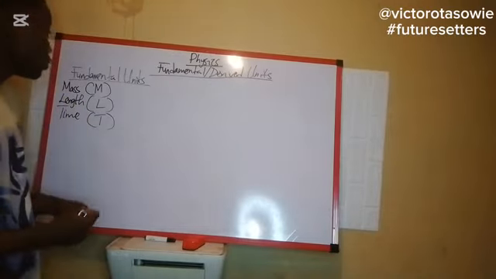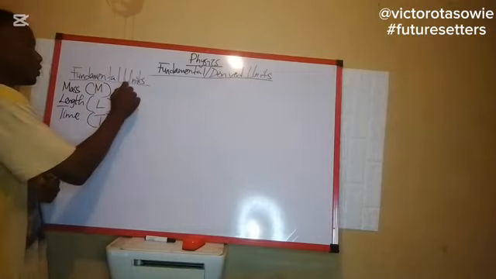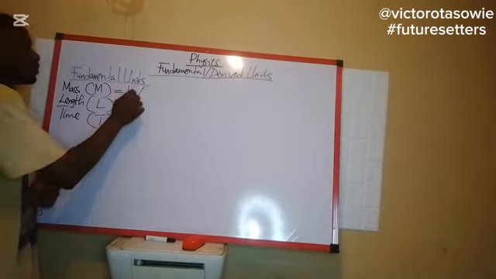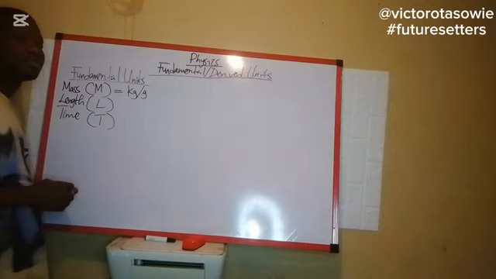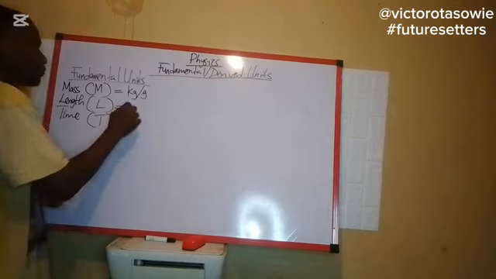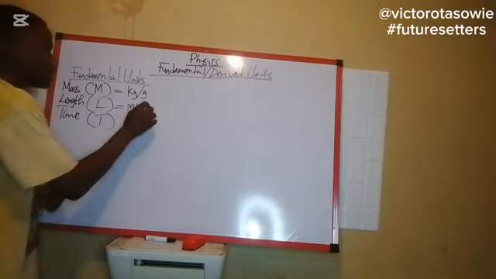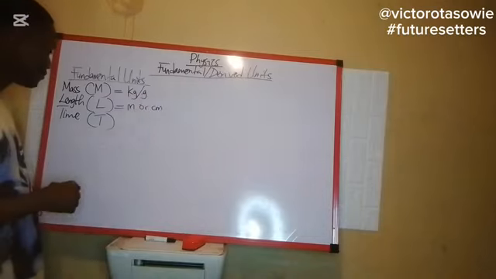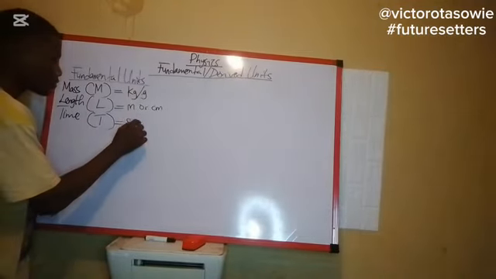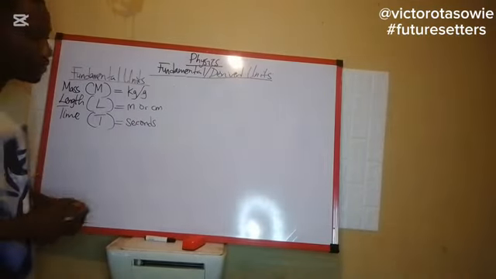Mass is measured in kilograms. We can also say it's measured in grams. Length, we are focusing our attention on meters or centimeters. For time, our focus is seconds.